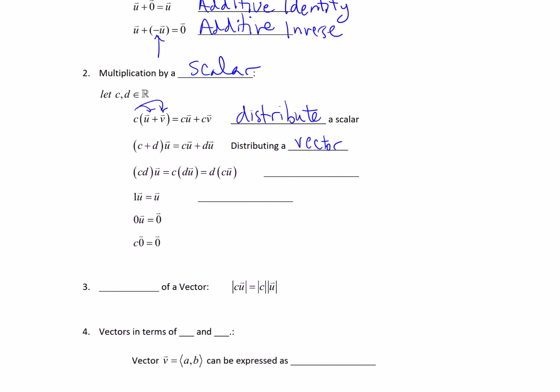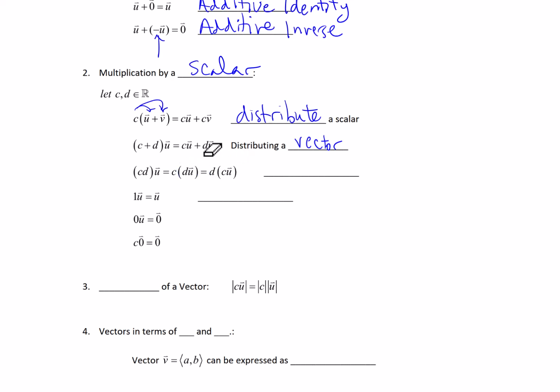Or thirdly, if you have c times d in parentheses, those being real numbers, and then you're multiplying that by vector u, then it turns out you can multiply c times (d times vector u), which is the same thing as d times (c times u). So there's a lot of switching around here.